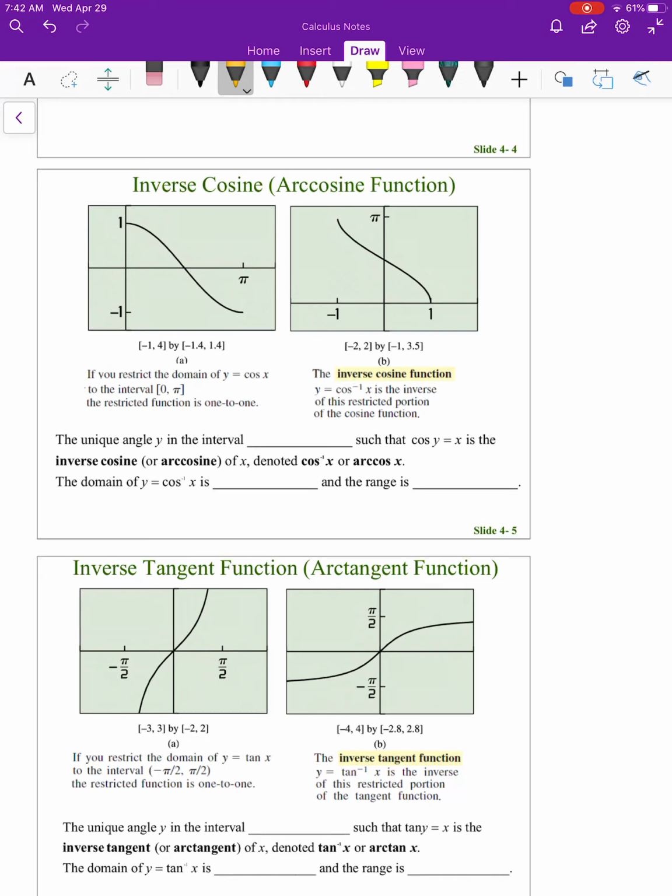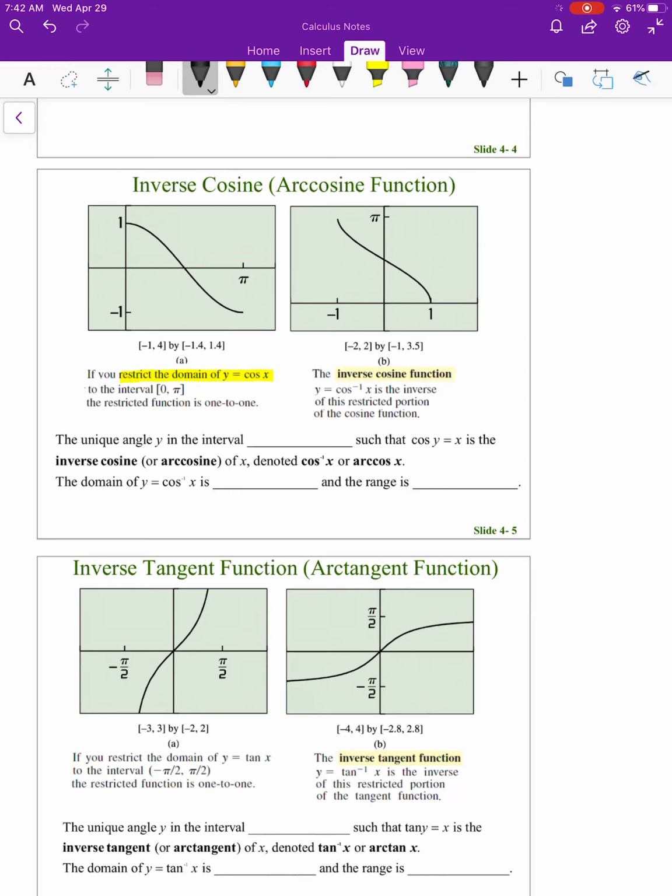All right, now we're going to go to inverse cosine. Inverse cosine has the same problem that inverse sine had. It was not a one-to-one function. So we had to restrict the domain of y equals cosine.